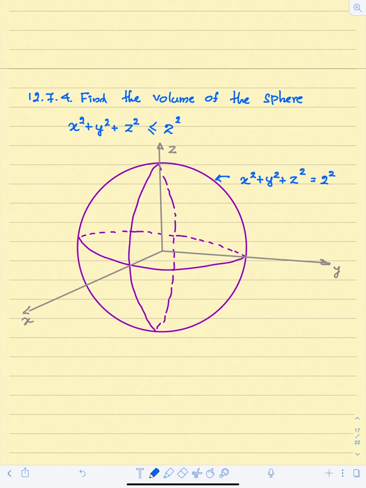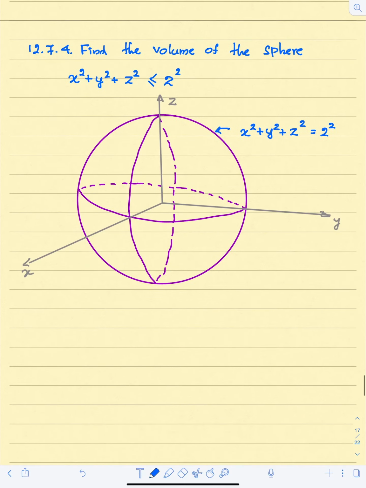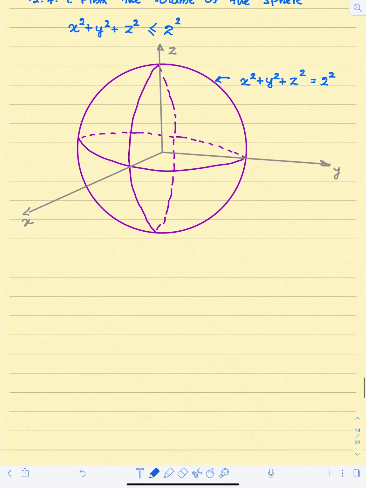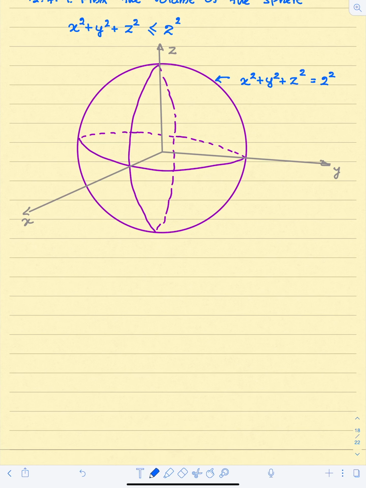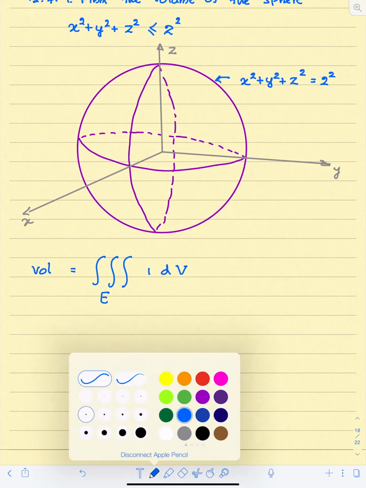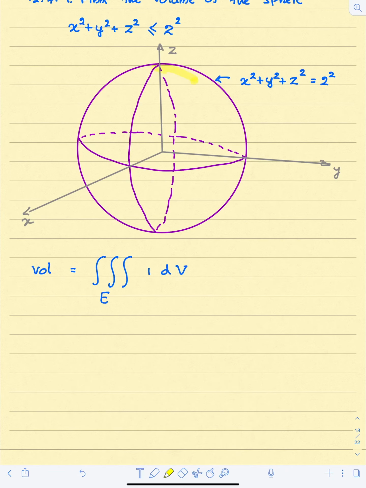That's the boundary of the domain. Okay, now the volume equals the triple integral of 1 dV over the domain E, where your domain E is this sphere.